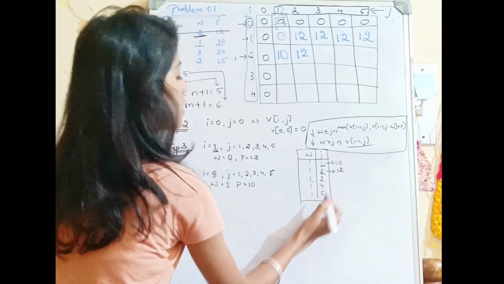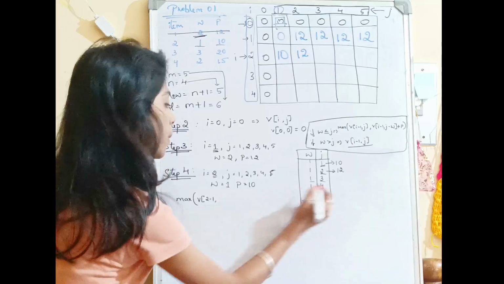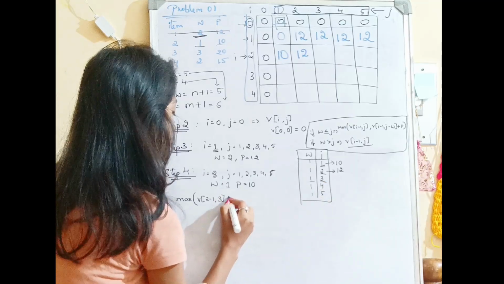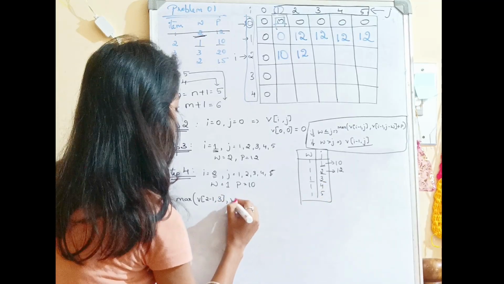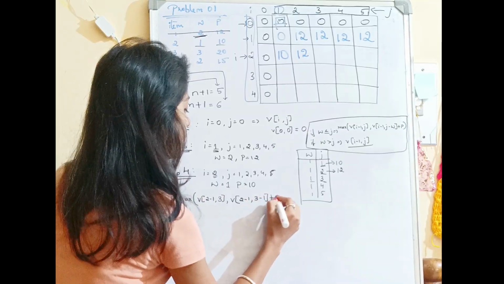Okay. The next one. Is 1 lesser than 3? Yes, it is lesser. So 2 minus 1 comma j is 3 now, comma v of 2 minus 1 comma 3 minus 1 plus 10.